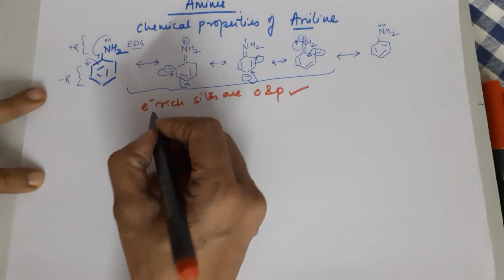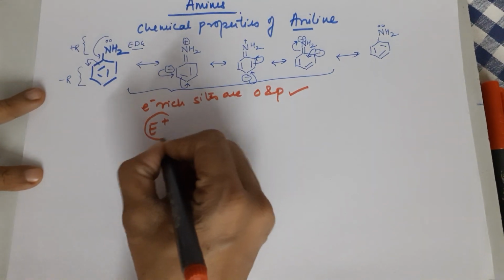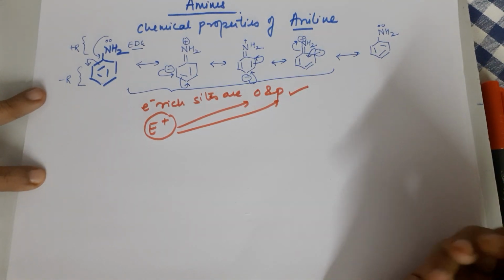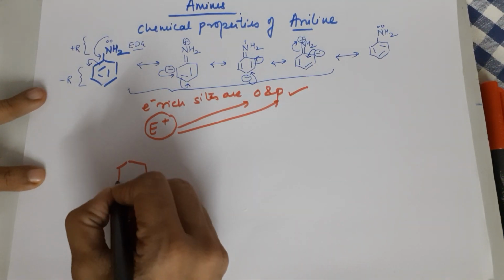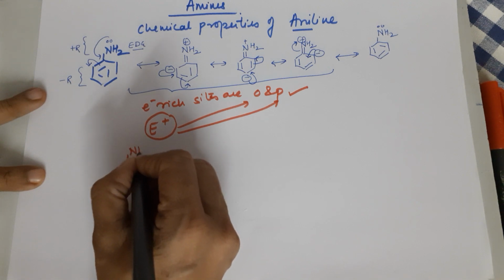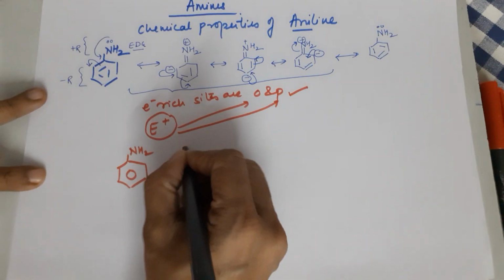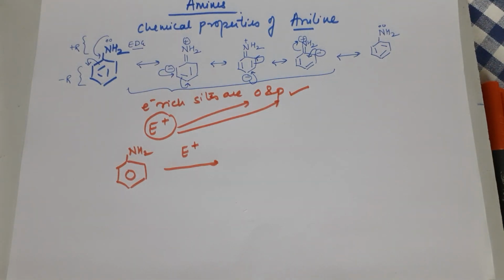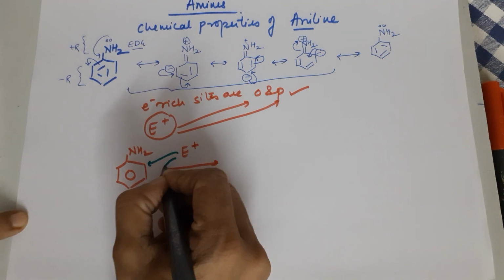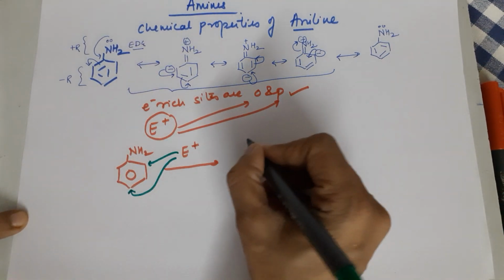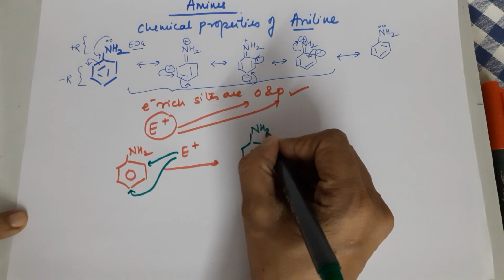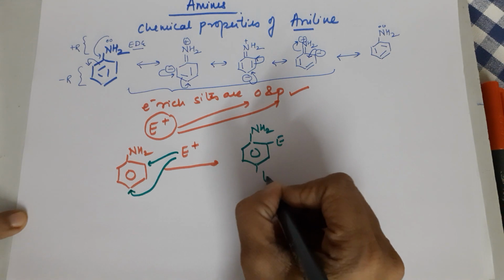Therefore, the electrophile, if it attacks, would definitely go to the ortho and the para positions of aniline, which means if at all aniline is made to undergo an electrophilic substitution, this electrophile easily moves to ortho as well as para positions, leading to a tri-substituted product like this.